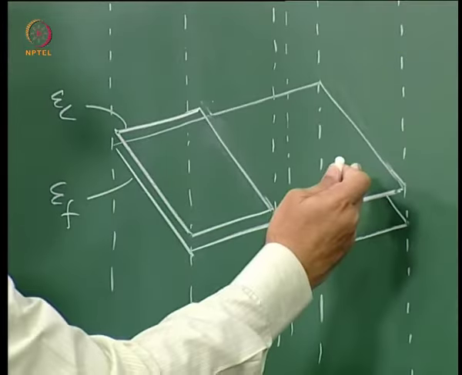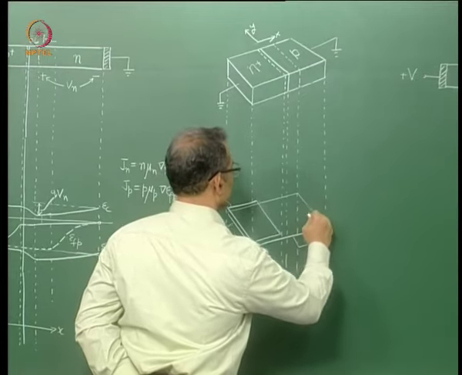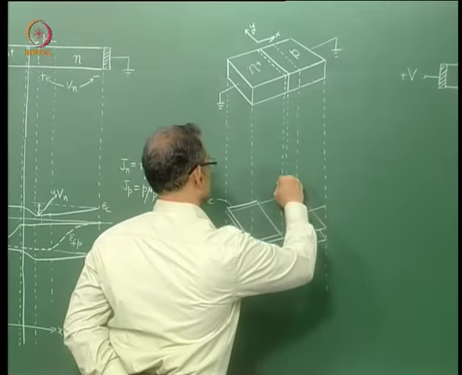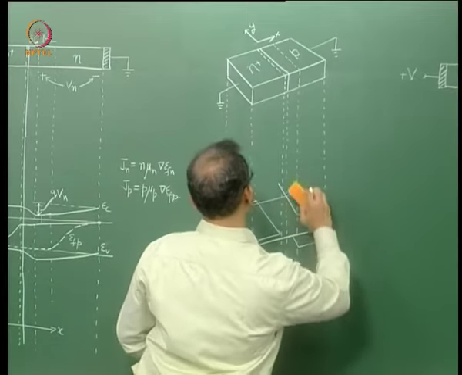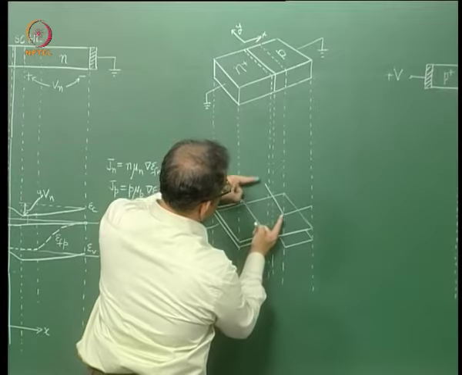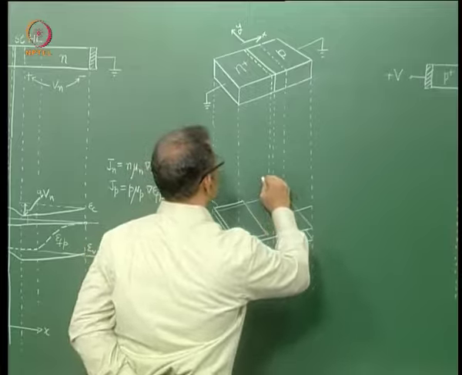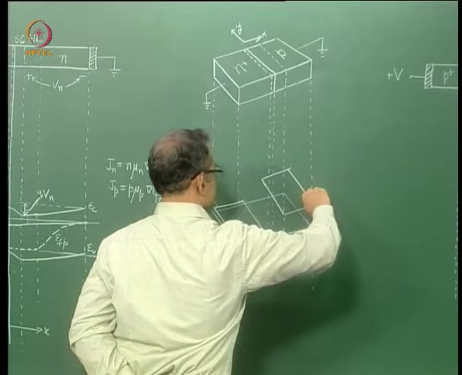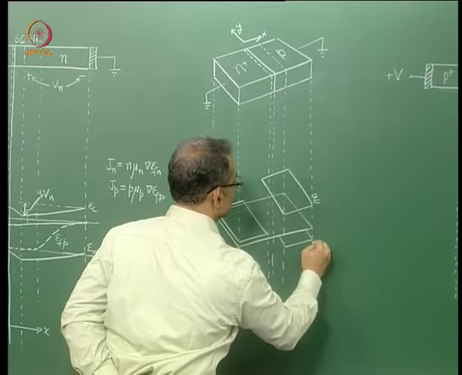Now EC on the neutral P side. So the energy gap, this length should be equal to this length. So this is the EC and this is EV.